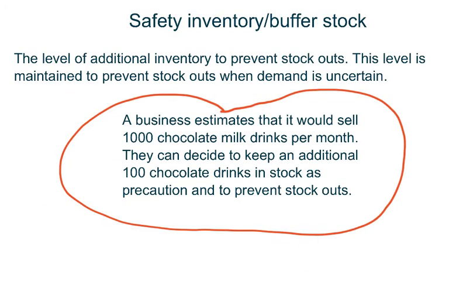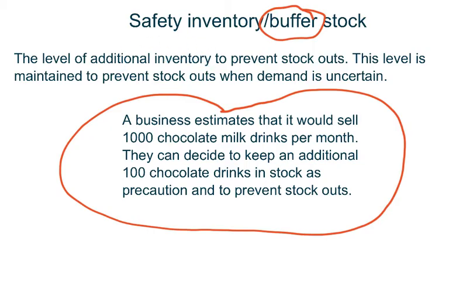Now, if we look at safety inventory, also known as buffer stock, it is the level of additional inventory to prevent a stock out. Normally a business would know what the demand is, but in some cases they may be uncertain about the demand, and this is when they would like to keep additional stock.